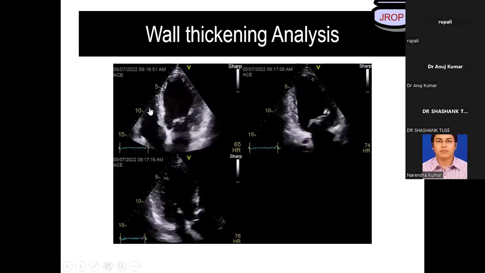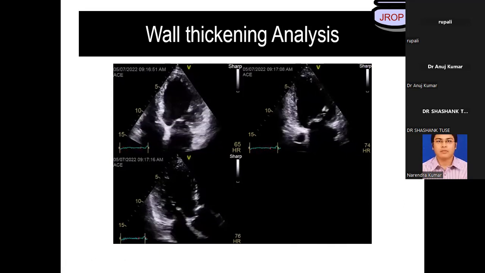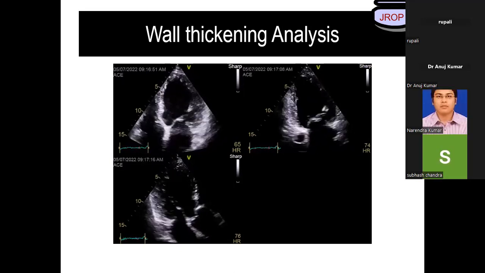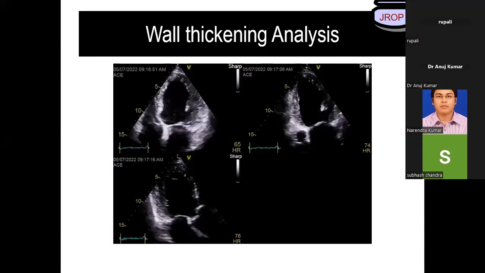Are you talking of this segment? Yes, sir. Correct, sir. Okay. Anything else? And also, sir, there is an abnormality with the mitral valve. It looks not floppy exactly, but there is an abnormality. Possibly an MR may be coexisting, sir.